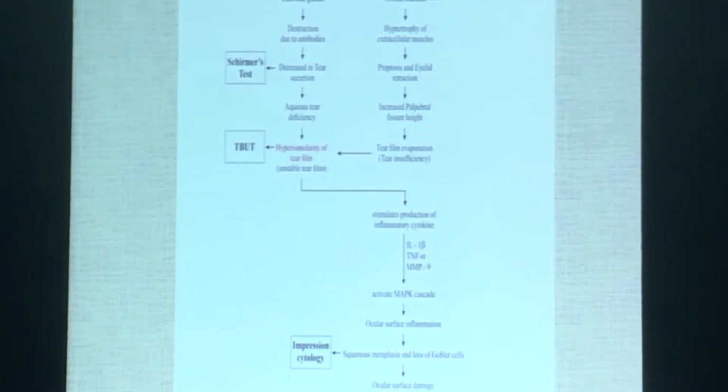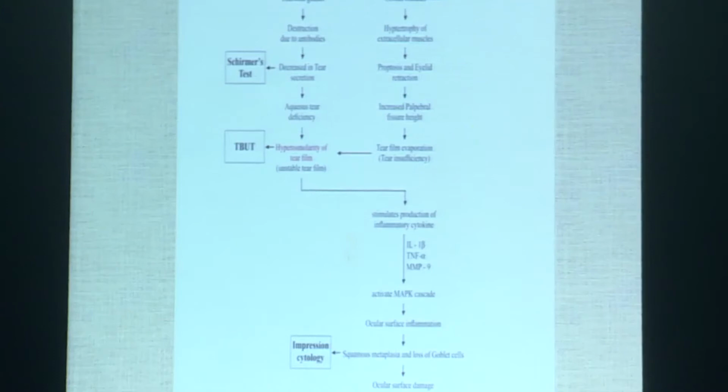The basic thing in hyperthyroid cases is that TSH receptors are located on lacrimal glands and orbital muscles. So with these antibodies, they attack the lacrimal glands, leading to decrease in tear function. The main culprit in every diagnosis, in hyperthyroid and hypothyroid, is hyperosmolarity of tear film.